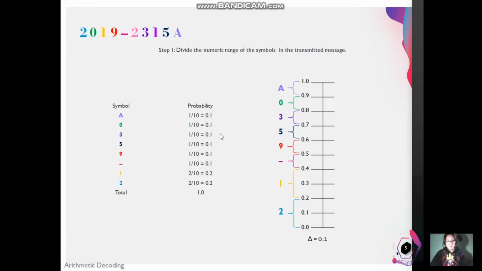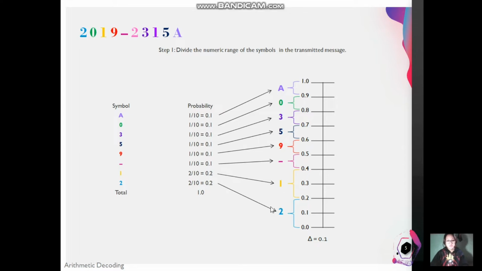Okay, let's start. So you see, letter A takes 0.1 delta step. The same with 0, 3, 5, 9, and the dash symbol. And for letter 1, it takes 0.2 delta steps, and the same with 2.